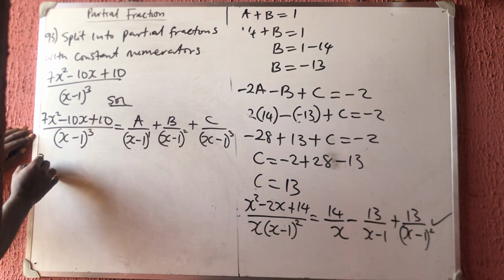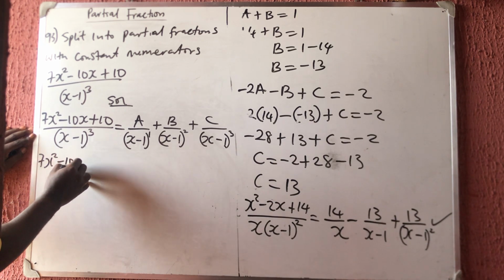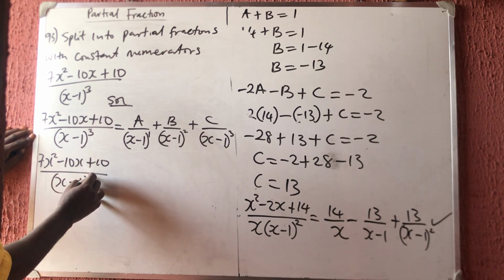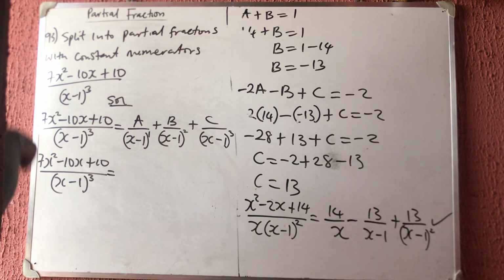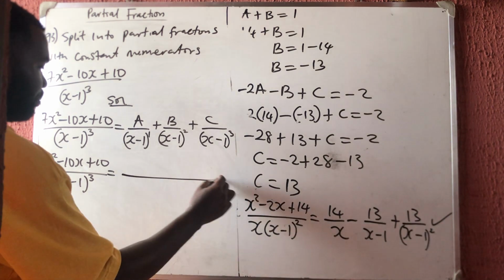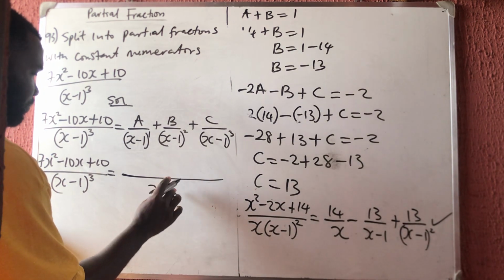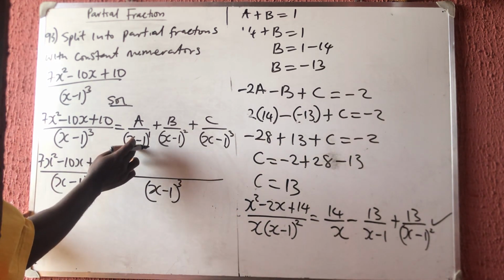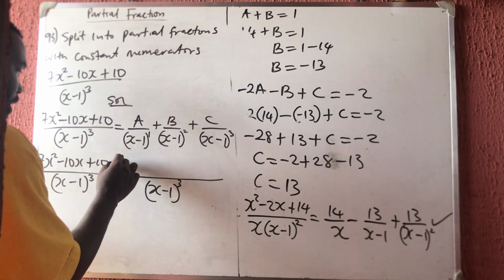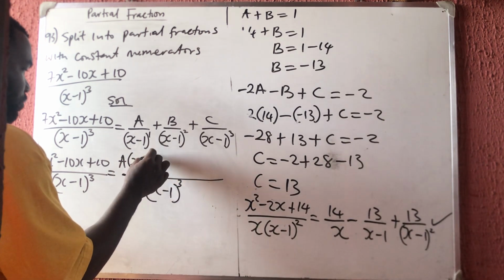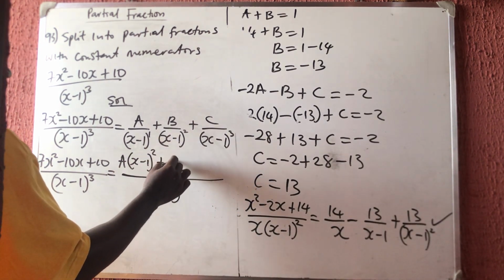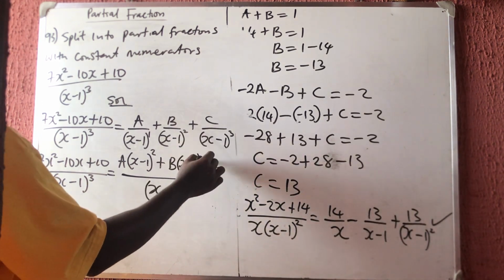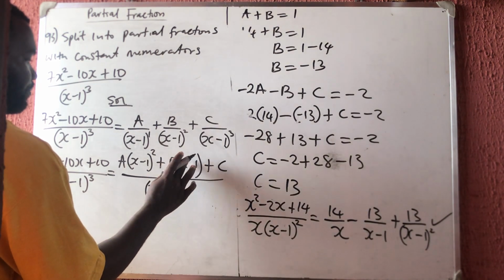So bring down 7x squared minus 10x plus 10 all over x minus 1 all cube, which is equal to the LCM of the denominator, the big one, x minus 1 cube. When this divides this, I have x minus 1 squared times a, so a in bracket of x minus 1 squared, plus b into x minus 1, and finally just c.